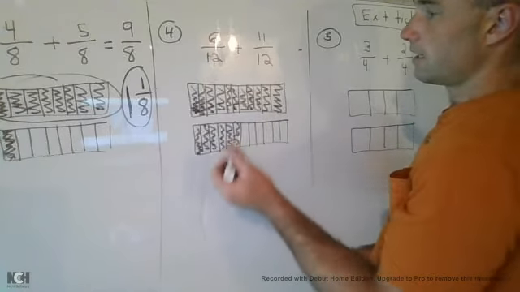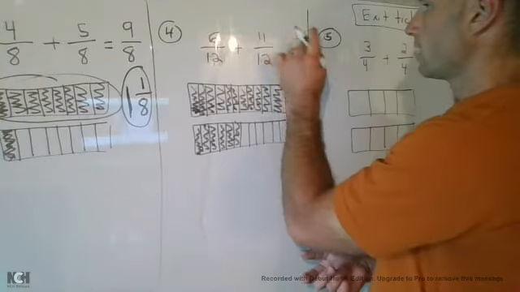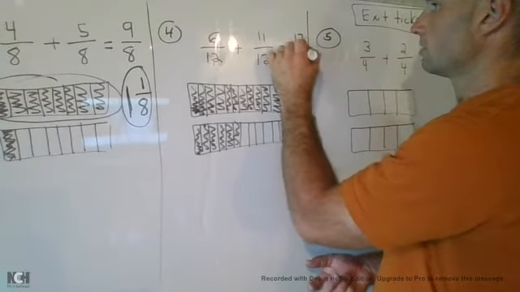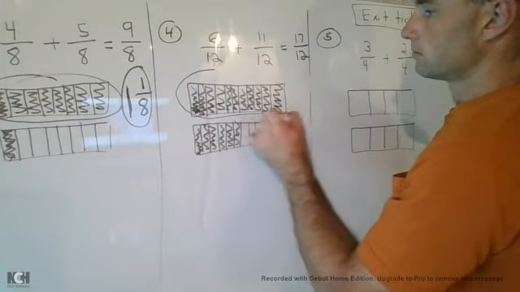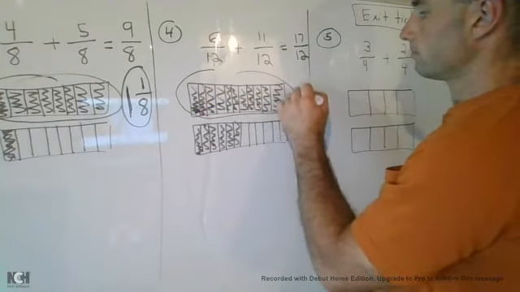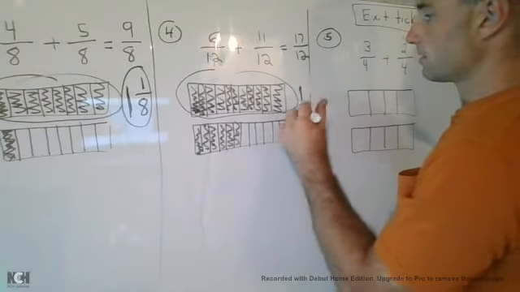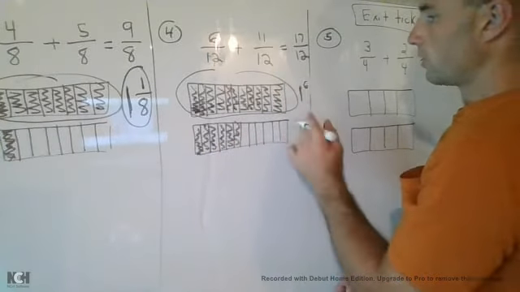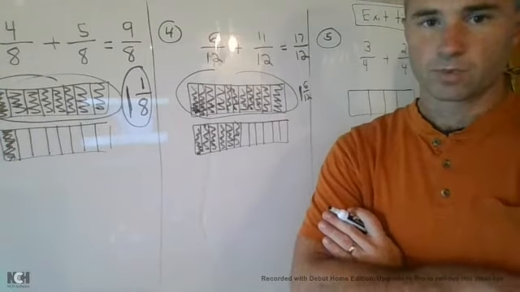So I add them up, I get 17, right? So yeah, 17 over 12. I count up this whole one as 1. And I count up how many I shaded here. 1, 2, 3, 4, 5, 6 out of 12. So I think the answer is 1 and 6/12.